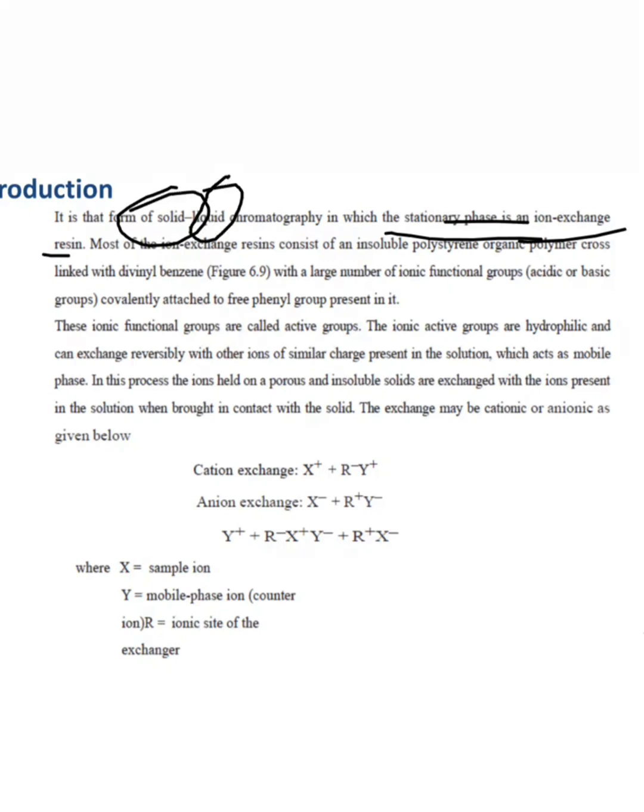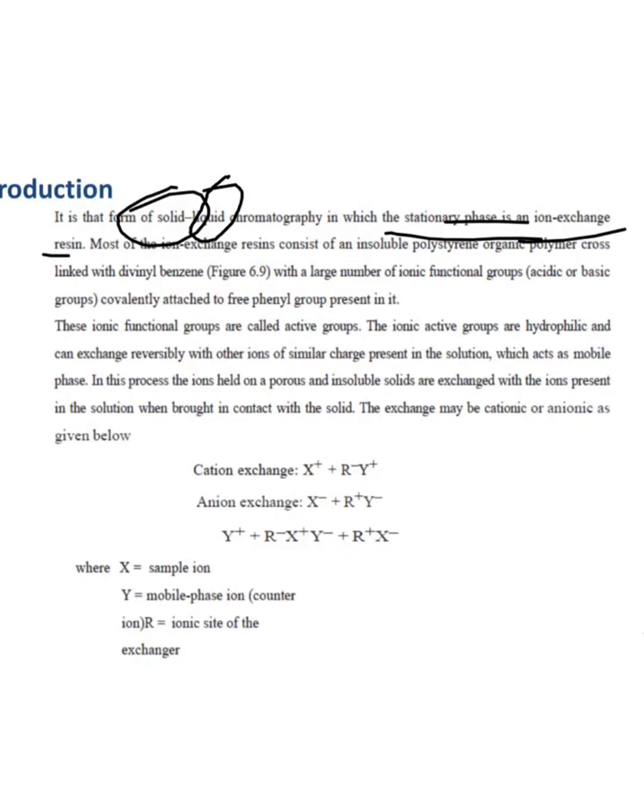We may use water or some other solvents for the mobile phase. The basic concept is that we find ionic active groups, such as hydrophilic ones, that can exchange reversibly with the mobile phase having some charge present in the solution.